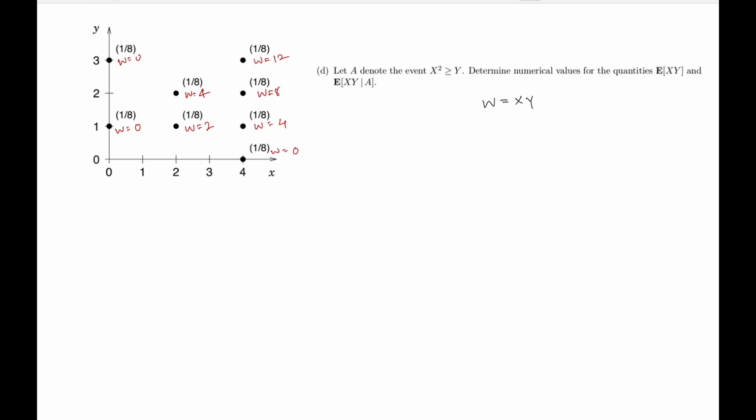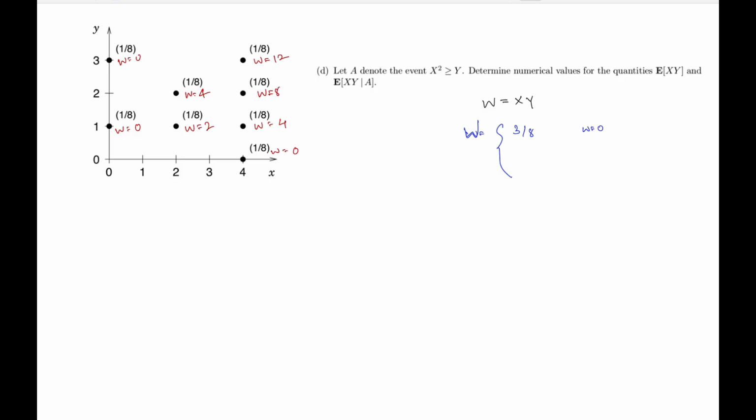So random variable w can take the value 0 with the probability 1 divided by 8 plus 1 plus 1, so 3 divided by 8. This is random variable capital W, and this is little w, whatever value it is taking.